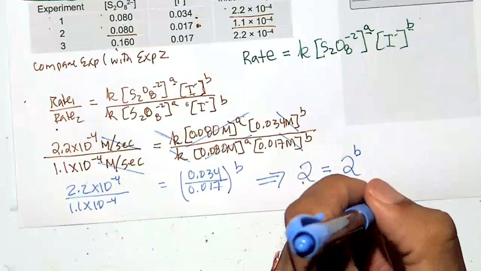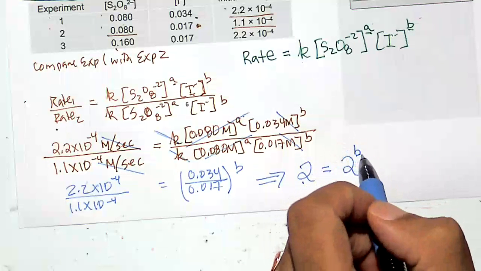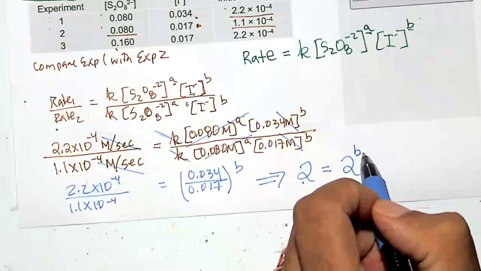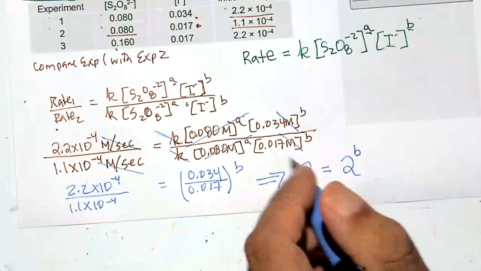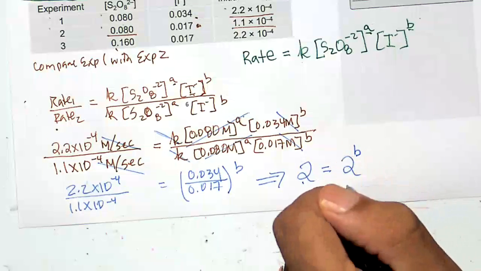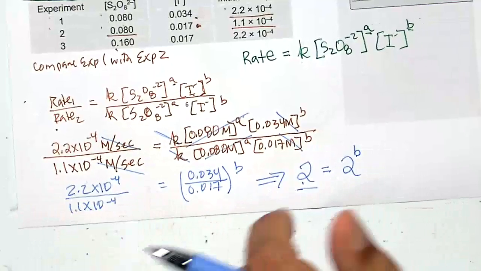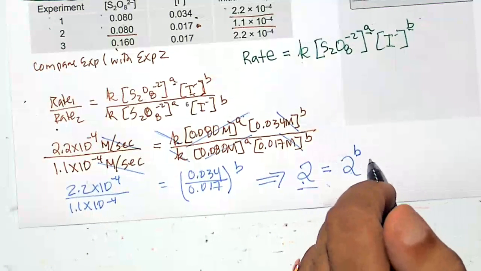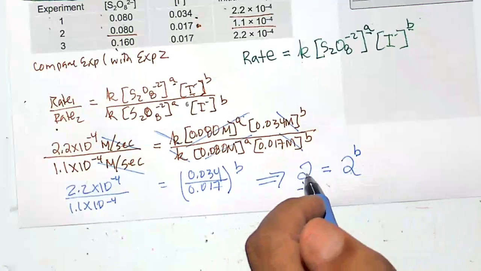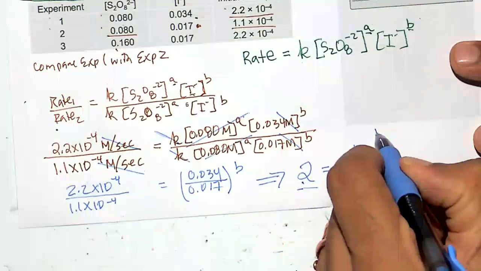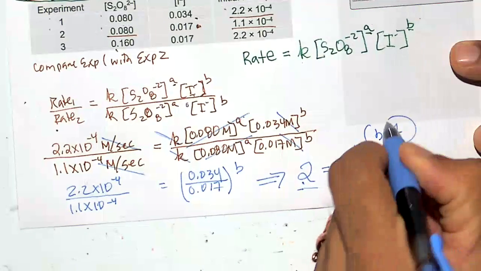So 2 is equal to 2 to the power of b. What is b? Is b 0? 2 to the power of 0 is 1. Is b 2? 2 to the power of 2 is 4. Is b 1? Yes, 2 to the power of 1 is 2. So b is equal to 1.